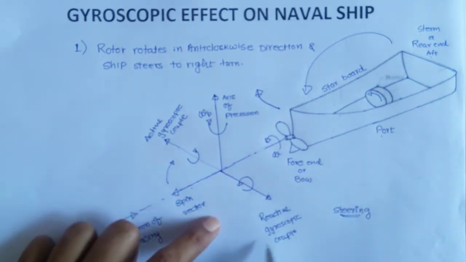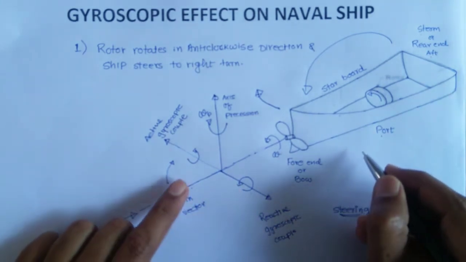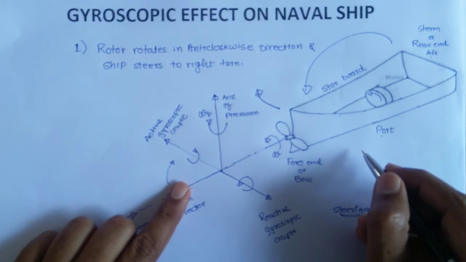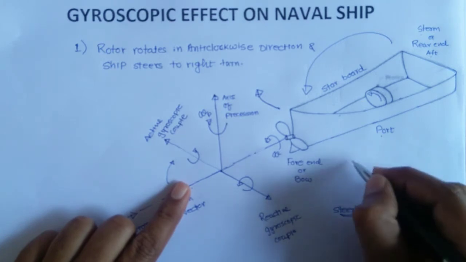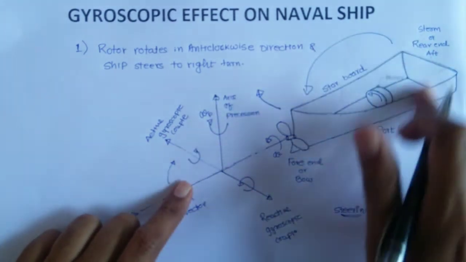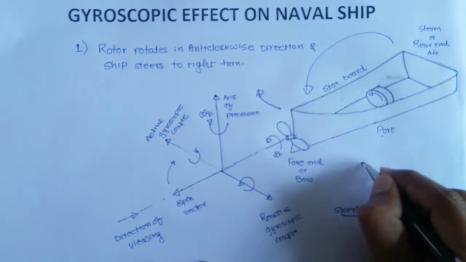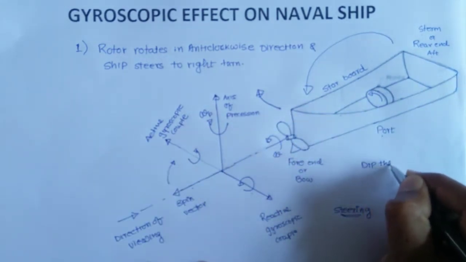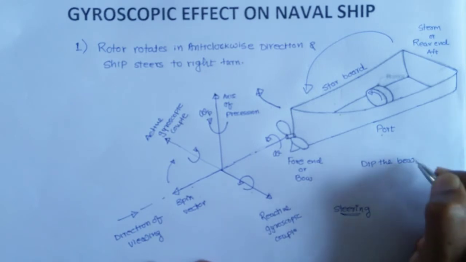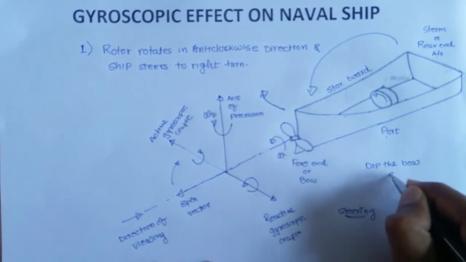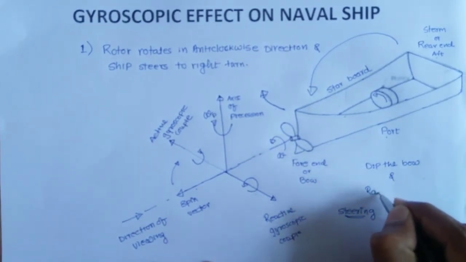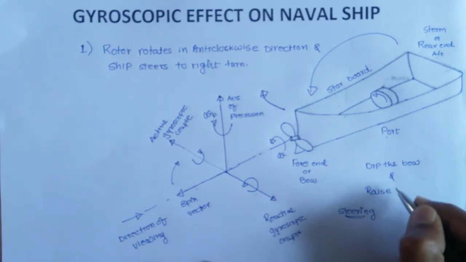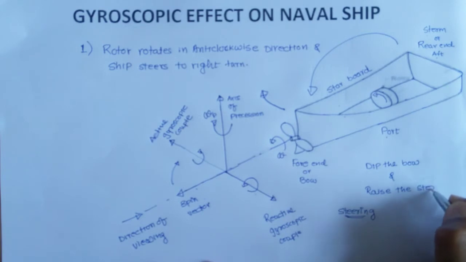So we can say, as is clear from the figure, that the effect of the reactive gyroscopic couple is to dip the bow and raise the stern.